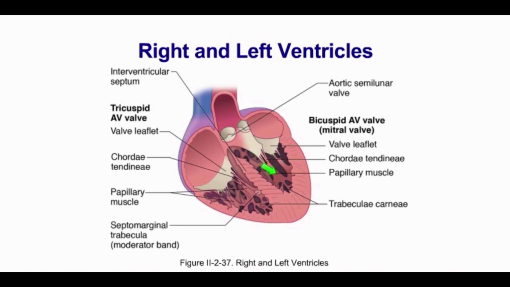What's causing the valve to close is the pressure gradient between the ventricle and the atrium. As the ventricles start to contract, it increases the pressure in the ventricle, making ventricular pressure higher than atrial pressure, pushing the valves up.